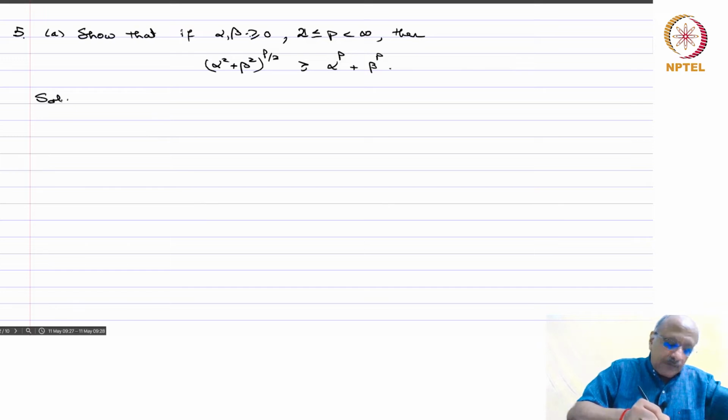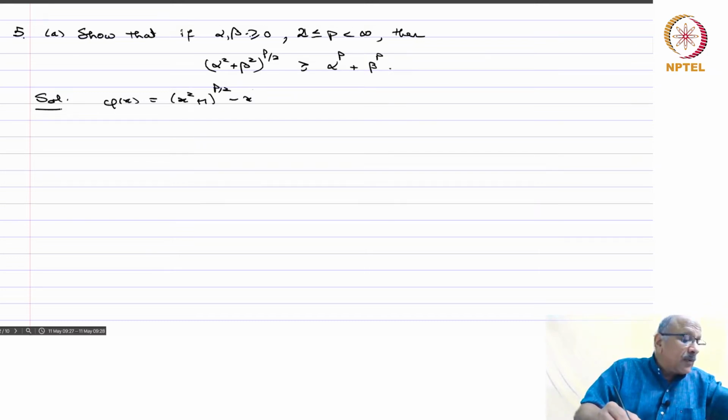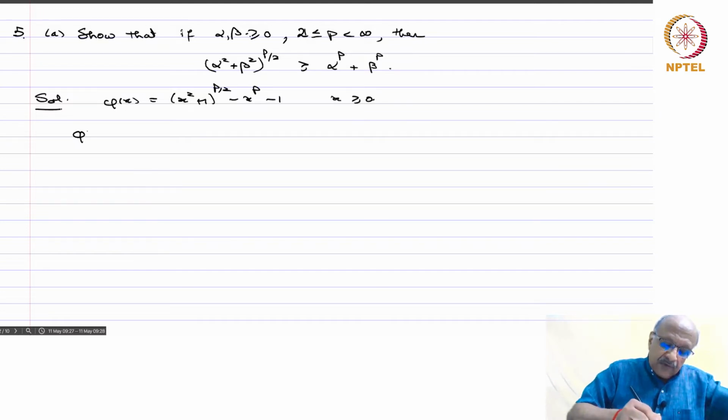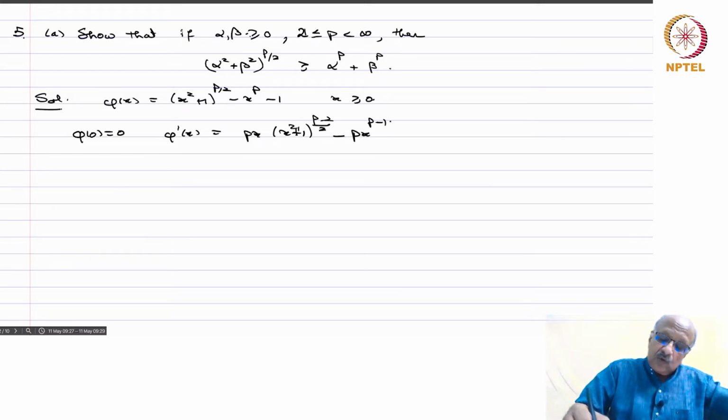Solution. We look at the function phi(x) equals (x^2 plus 1)^(p/2) minus x^p minus 1 for x greater or equal to 0. Then phi(0) is of course 0, and phi'(x) equals px(x^2 plus 1)^((p-2)/2) minus px^(p-1).